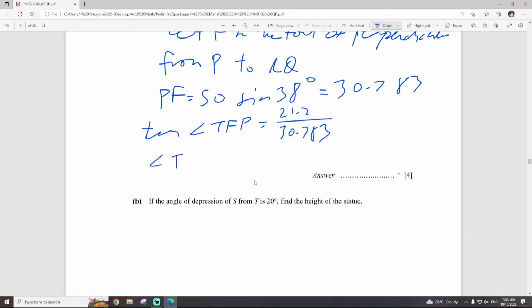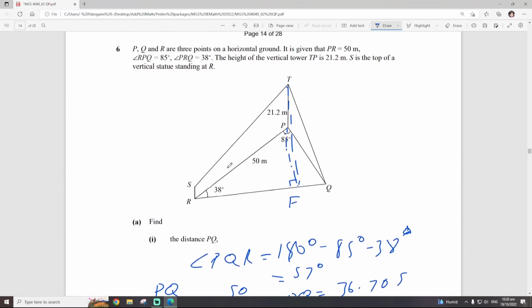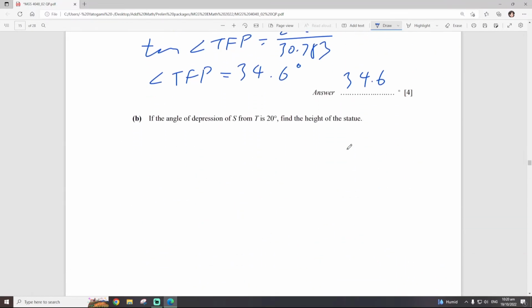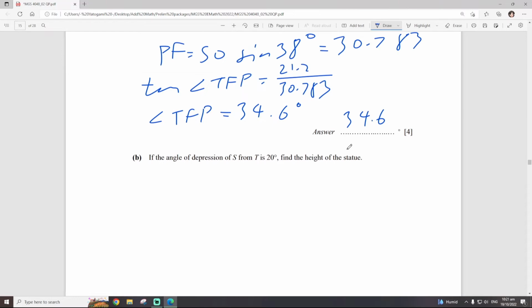So angle TFP, which is the angle of elevation, you can find the inverse tangent. You'll get 34.6 degrees, I think. Yeah, so you get 34.6 degrees to 1 dp. If the angle of depression from S is 20 degrees, find the height of the statue. Okay.